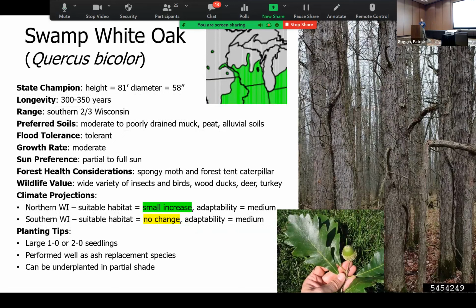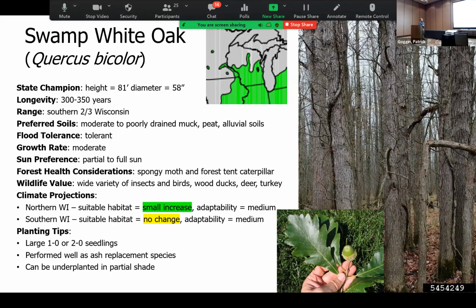A really cool species I want to talk about is swamp white oak. This is a native species of our floodplain forest, particularly in the southern 2/3 of the state. It's a large stature oak species, just like all the white oak, grows a long time, 300 to 400 years.